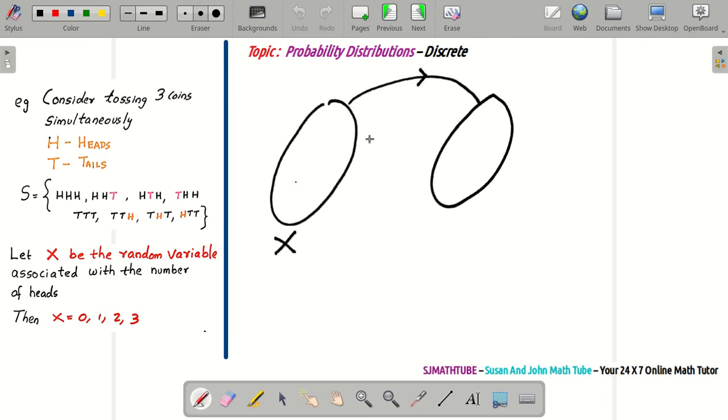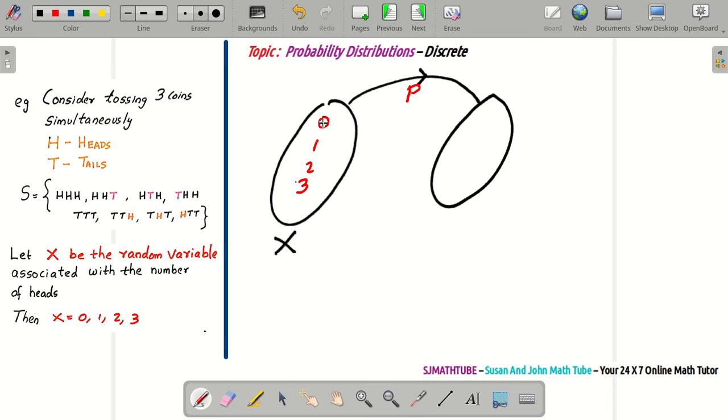Now what we do is we are going to create a function. What sort of function? Probability function. And we have the input values 0, 1, 2 and 3. I'm not going to write the codomain, but I'll write the range values.